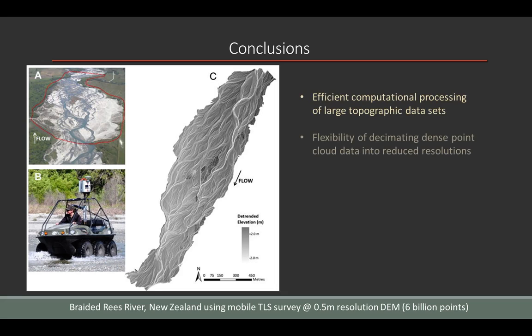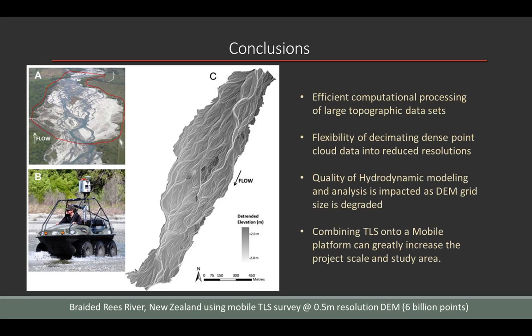And some conclusions: they found that it was extremely efficient in the post-processing of these large data sets, as they were able to export into whatever platform they needed. And it gave them the flexibility of decimating these point clouds into whatever resolution they needed for multiple studies. And they found that the quality of the hydrodynamic modeling and analysis was severely impacted based on the grid size it was degraded to.